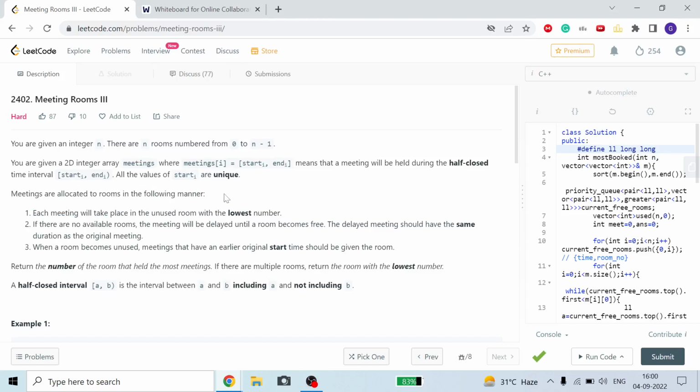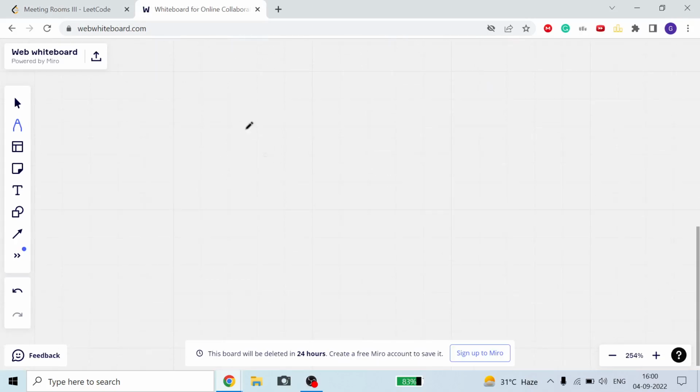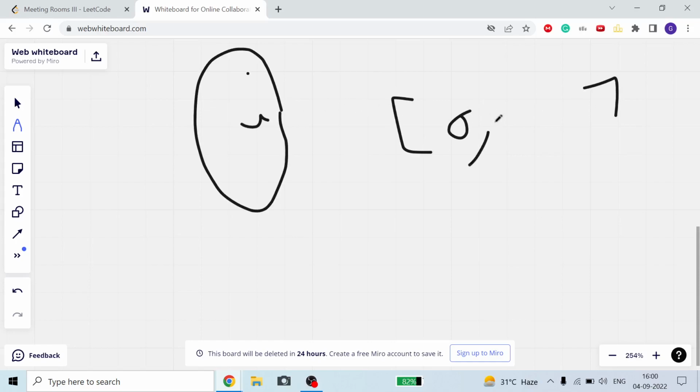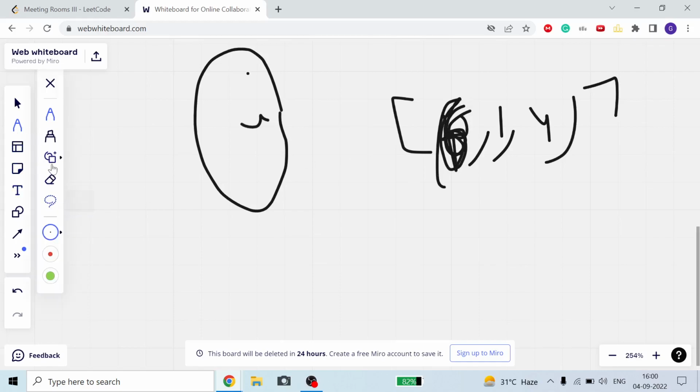According to this condition we have to allocate a room number to a particular meeting i. Each meeting i can be placed in an unused room with the lowest number. Suppose at the current moment we need to fix this ith meeting, we need to give a room to it, and we have some rooms free at the current moment, like number 0, number 1, number 6.